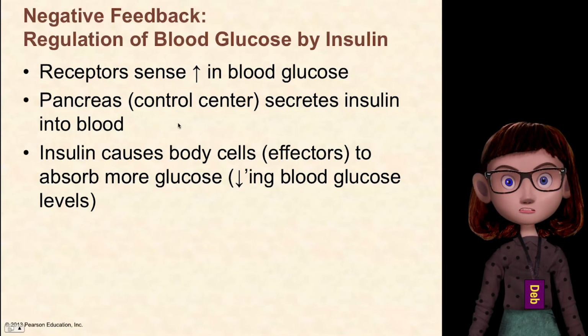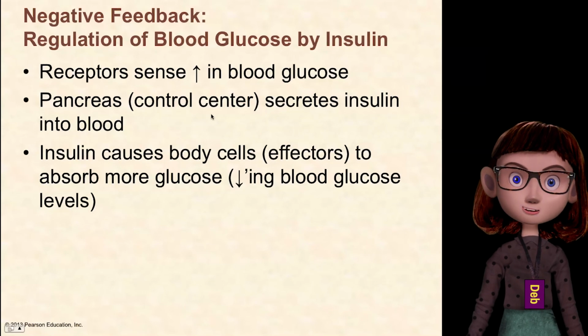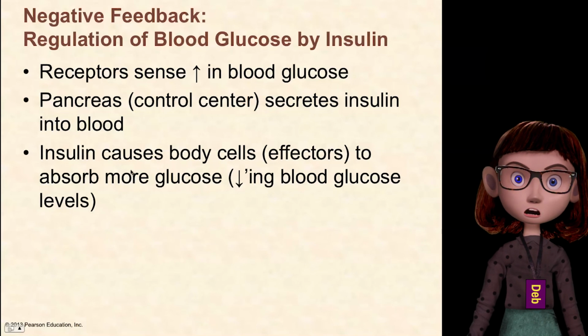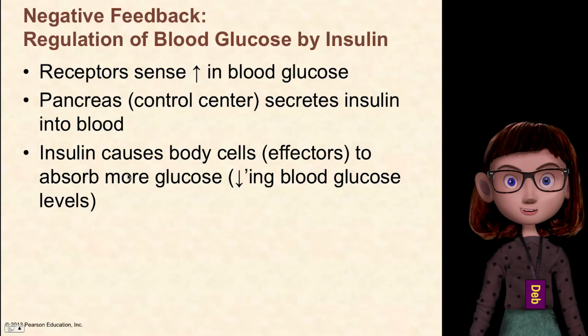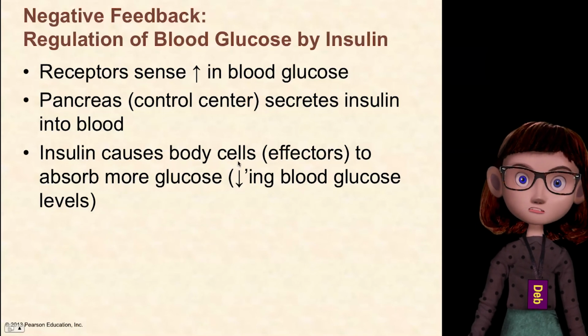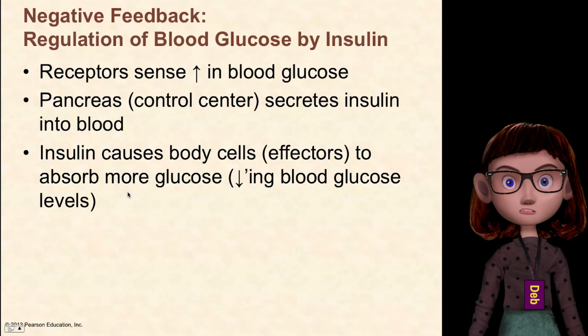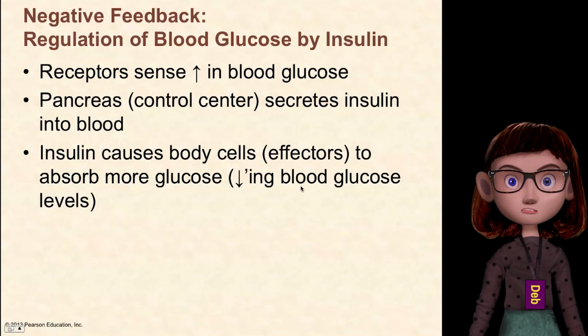So when the body detects that blood glucose goes up, the pancreas will secrete the hormone insulin into the bloodstream. Insulin travels throughout the bloodstream, goes to body cells, which now we call the effectors. They're going to now absorb more glucose, therefore decreasing blood glucose levels back to normal.